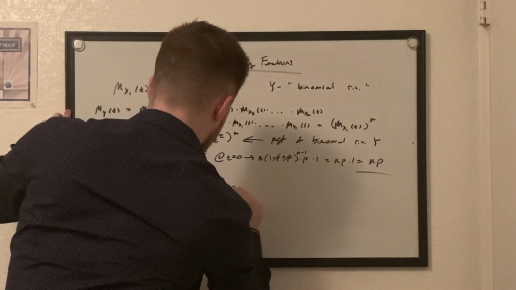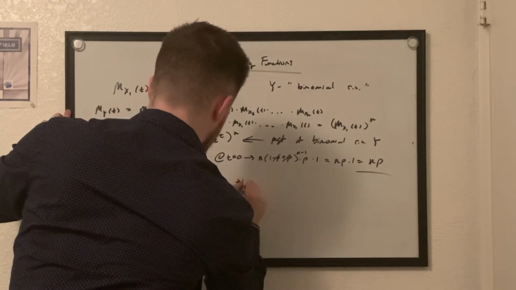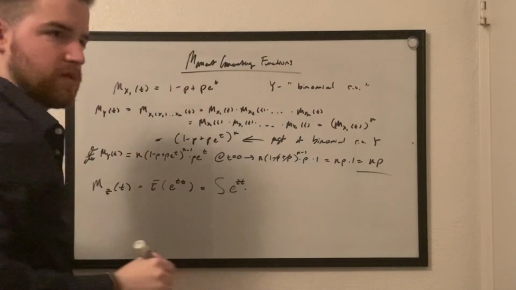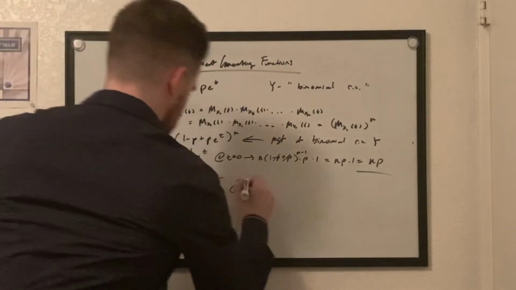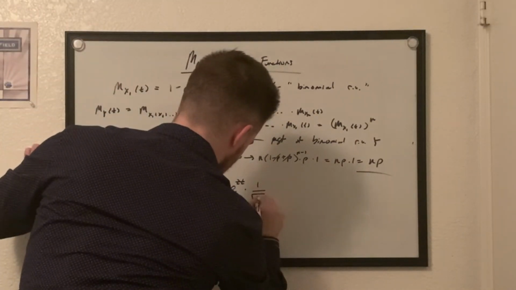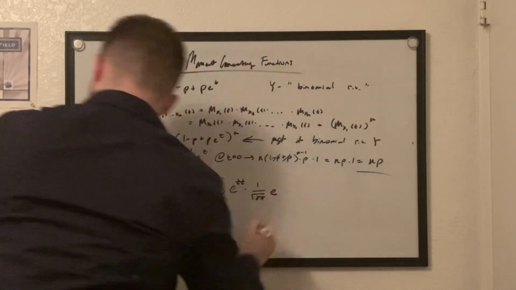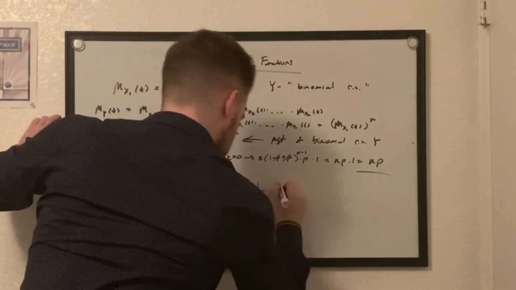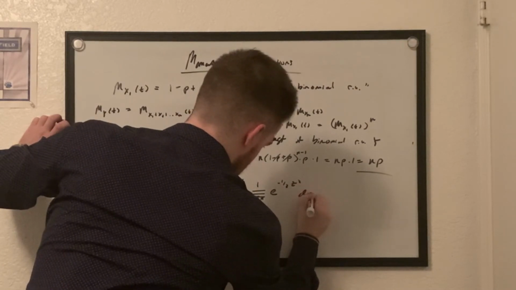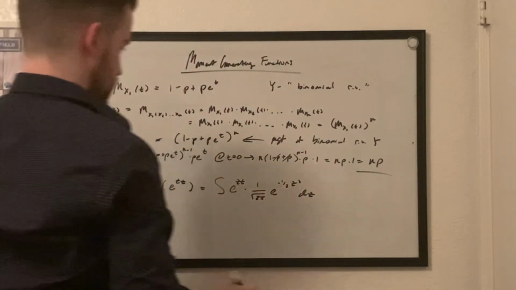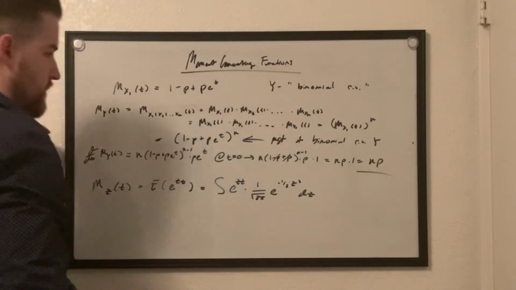So over all possible values, we get e to the zt times the probability density function of a standard normal random variable, which is 1 over square root 2 pi e to the negative 1/2 z squared, dz. And we do that over all possible values.